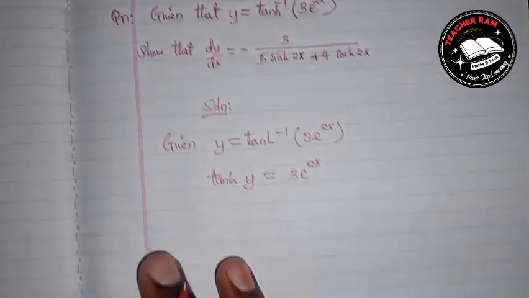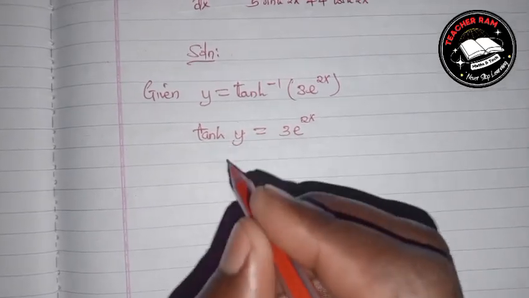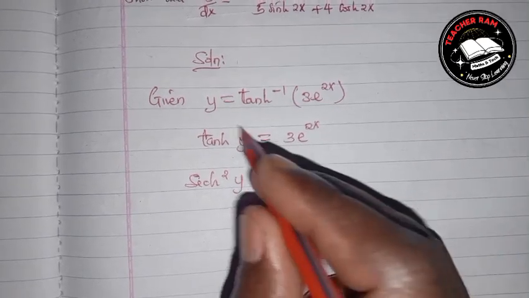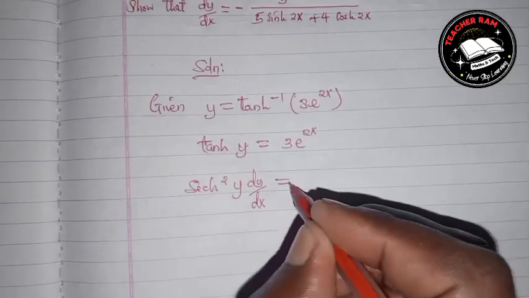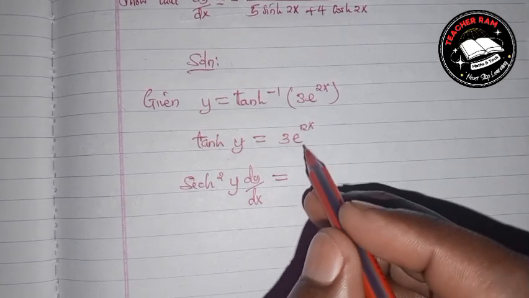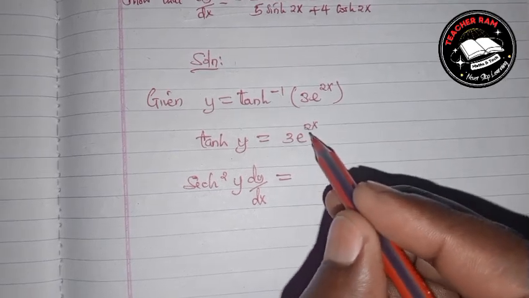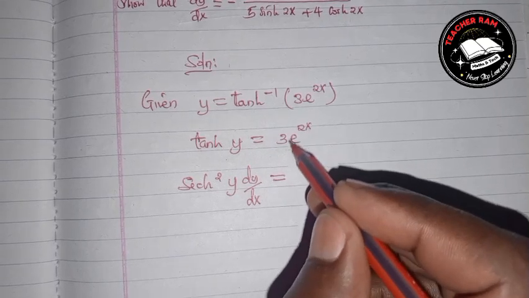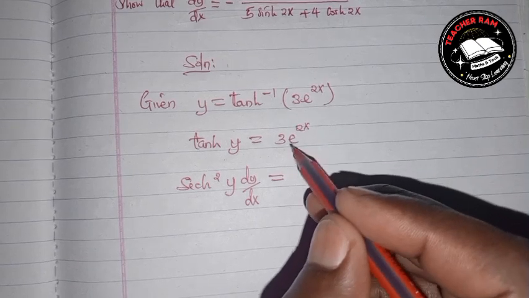After that, let us differentiate tanh y with respect to x. Here, the derivative of tanh y will be equal to sec square y, multiplied by the derivative of y with respect to x, which is equal to the derivative of 3e power 2x. 3 is a constant, and the derivative of e power 2x is the derivative of the power 2x, which is 2, multiplied by e power 2x, so 2e power 2x.